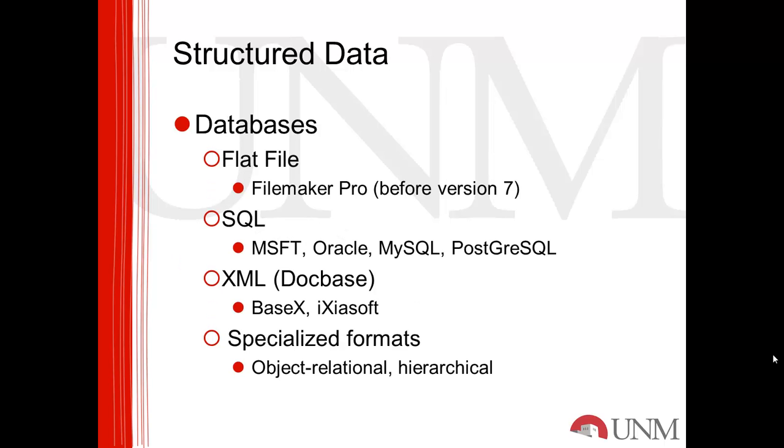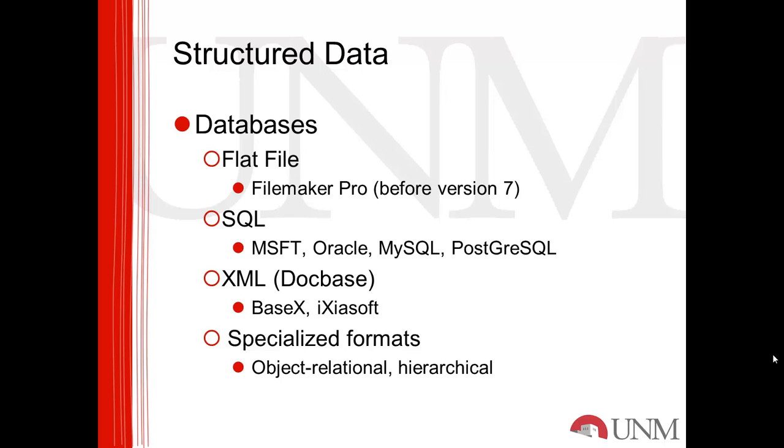And then the third class of structured data tools are databases, which are complex systems for managing data that has relational characteristics, I guess would be the best way to say that. The earliest kind of database actually wasn't relational, but it was more akin to a formatted kind of spreadsheet, that is called a flat file database.